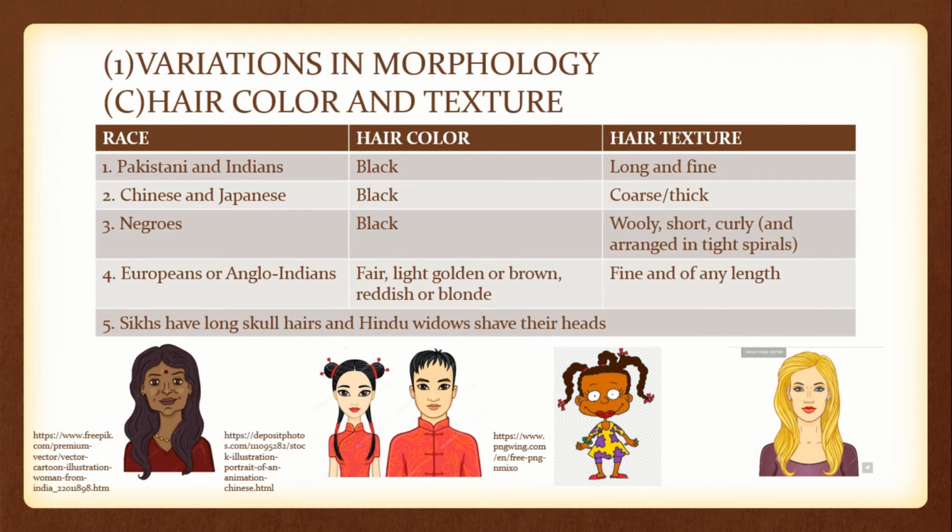Number fourth one, if the hair color is fair, light golden or brown, reddish or blonde, and hair texture is fine and of any length, then that living person would be a European or an Anglo-Indian.